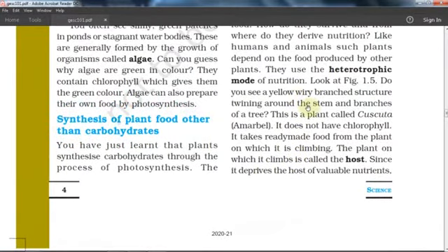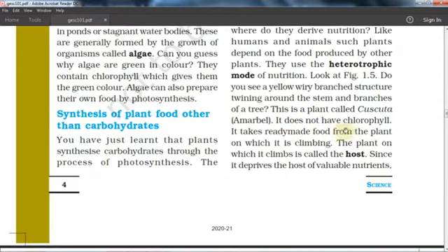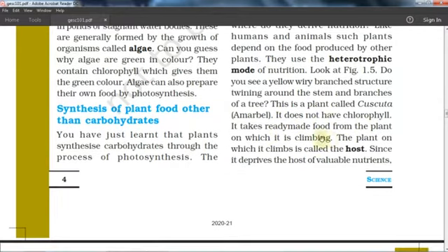What they do is directly take up their nutrition from the host plant. This is a plant called cuscuta. It does not have chlorophyll. It takes ready-made food from the plant on which it is climbing, that means the host plant.